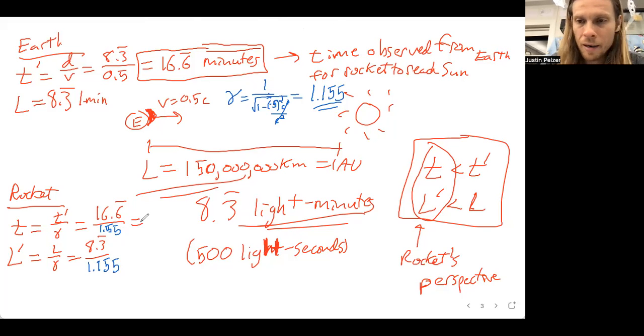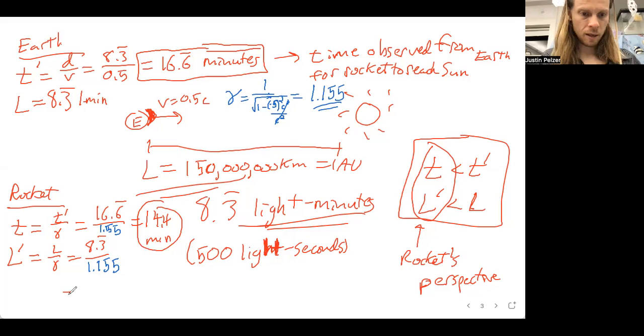So I get that the time that the rocket experiences is about 14.4 minutes, and the distance that it sees from the Earth to the Sun is about 7.2 light minutes.